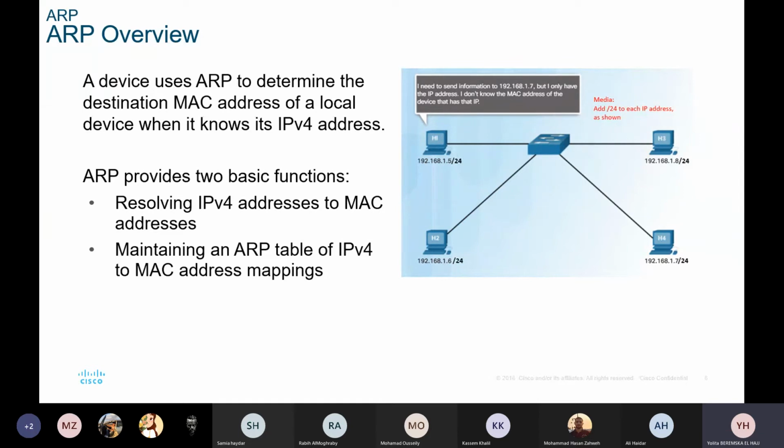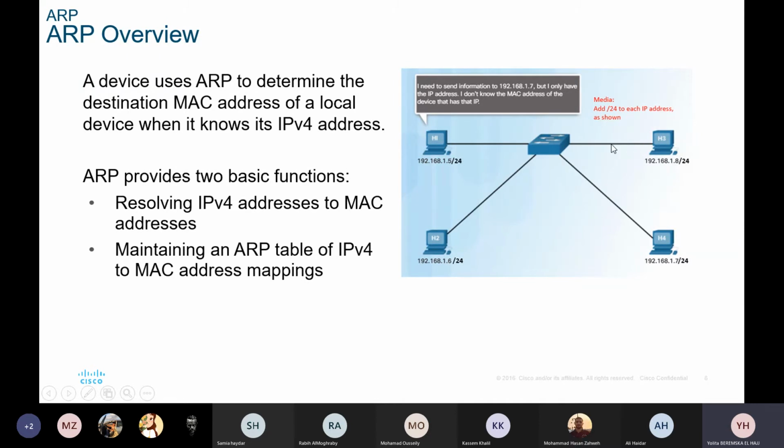Now, in this situation, H1 will send an ARP request message, which is a broadcast, so the destination MAC address will be all ones, and inside the message the data payload will say I need to send information to 192.168.1.7, but I don't know the MAC address of the device that has that IP. And it will be sent to all devices.